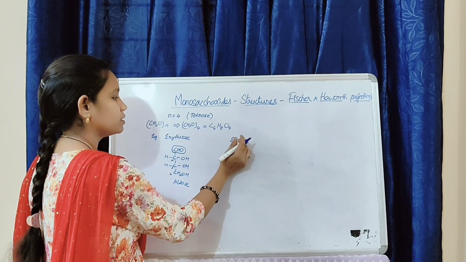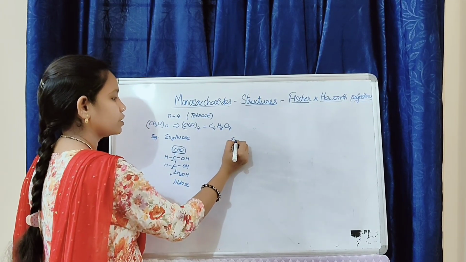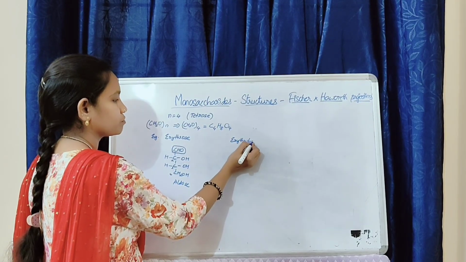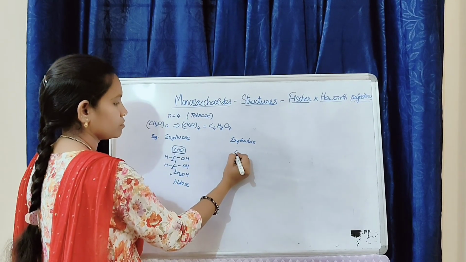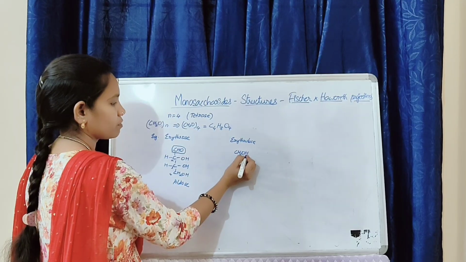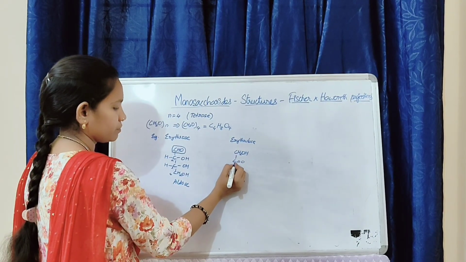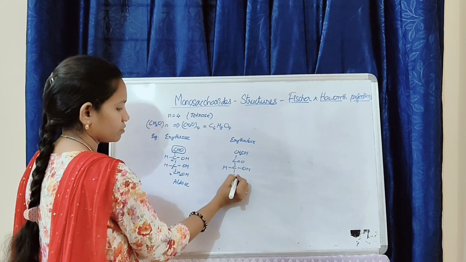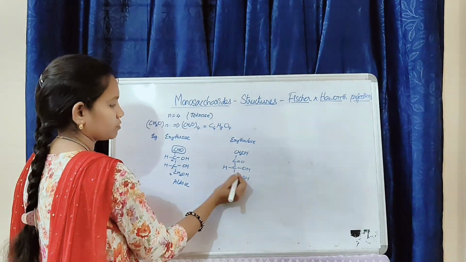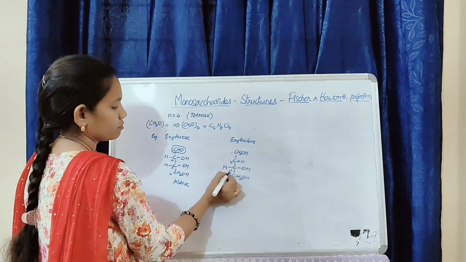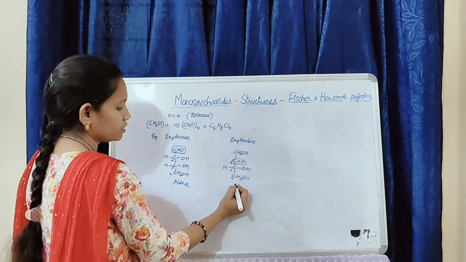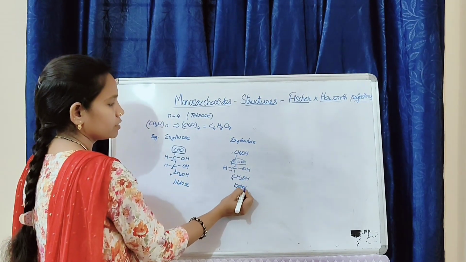The example is erythrulose. Same, here it is ketone group. So it is an example for ketose.